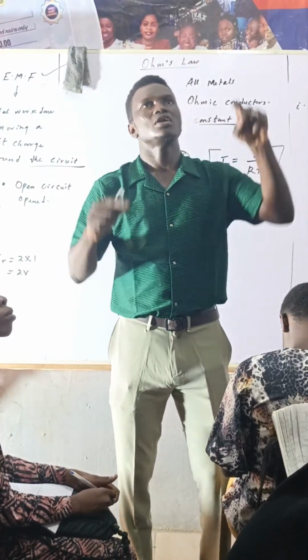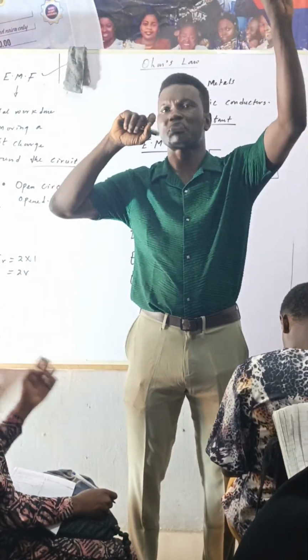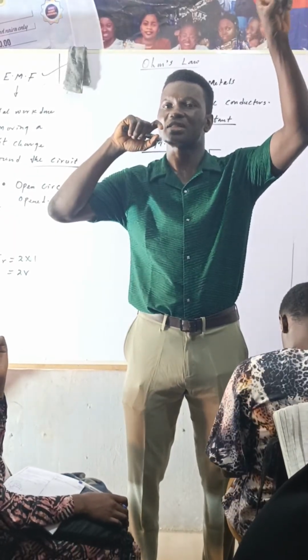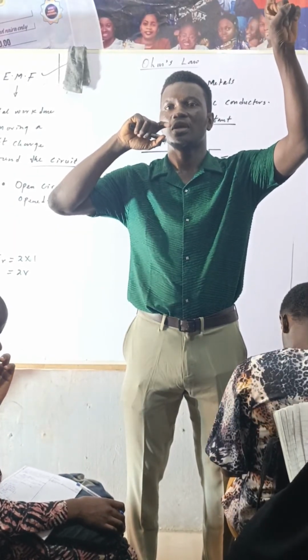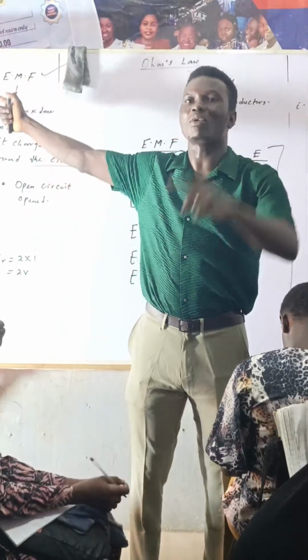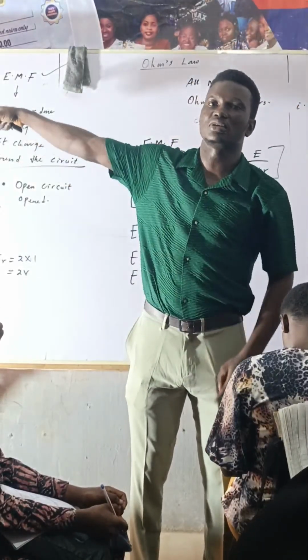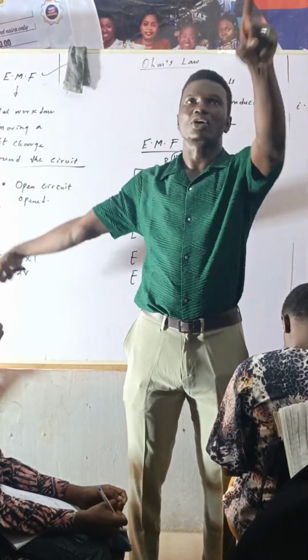Now, if they are connected in series, it depends on the power and the resistance of each one. If I supply 1000 volts and this one has a very high resistance, it will use its own voltage. That one too will use its own voltage.